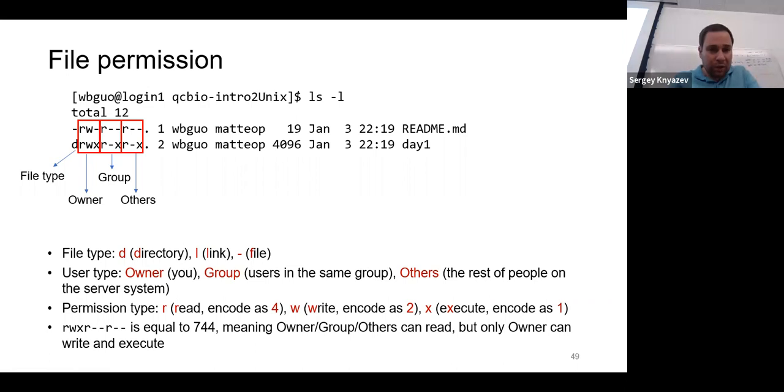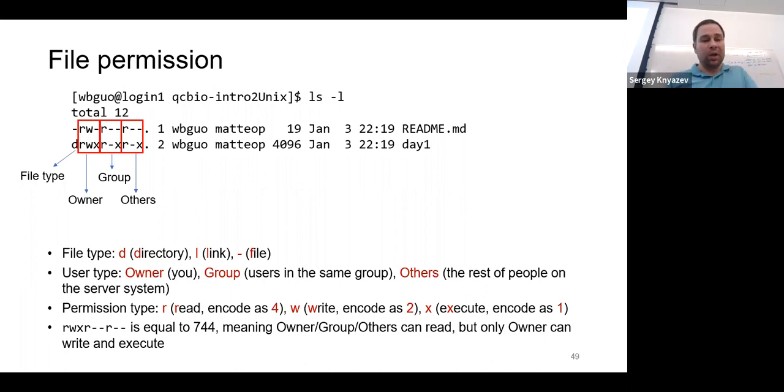Okay. So to set the permission, we use numbers, right? The read option is encoded as 4. The write option is encoded as 2, and the execute option is encoded as 1. So to understand what type of permission your user has, you just need to add up these numbers.